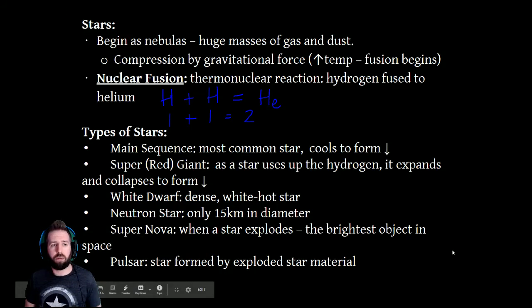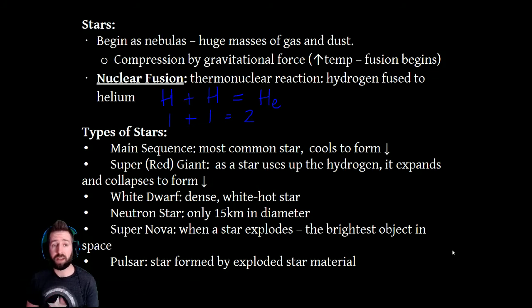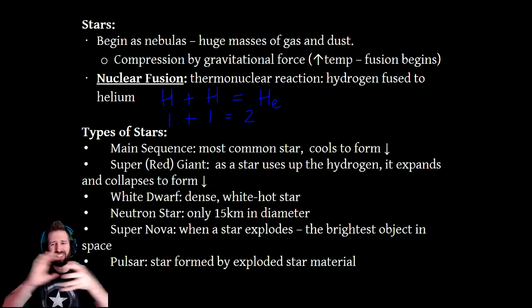So here are the notes for stars, though, and especially the top. The top has a lot of good stuff here. So stars begin as nebulas, these huge masses of gas and dust, and the way that they form and start getting going from this cloud into a star is by compression. If you've ever worn compression socks, compression is a squeezing force.